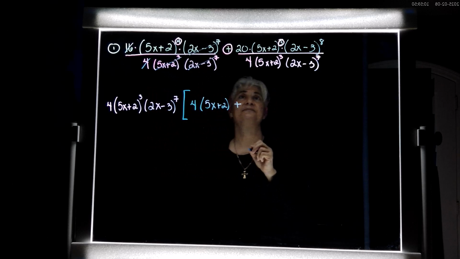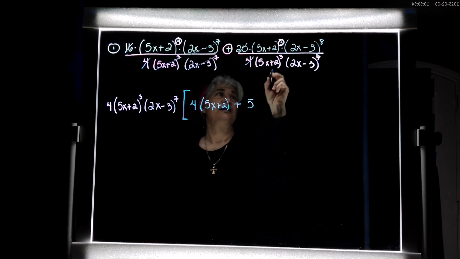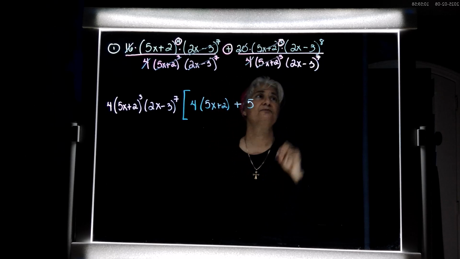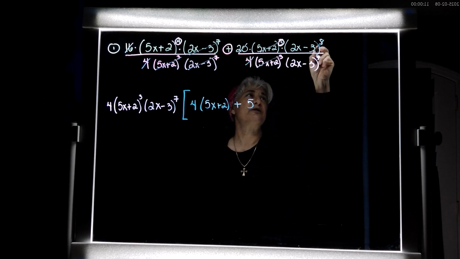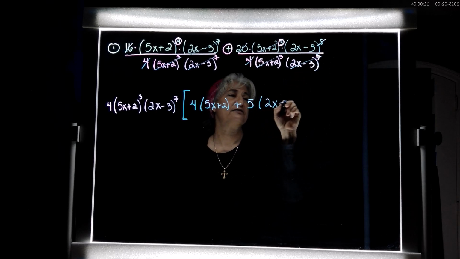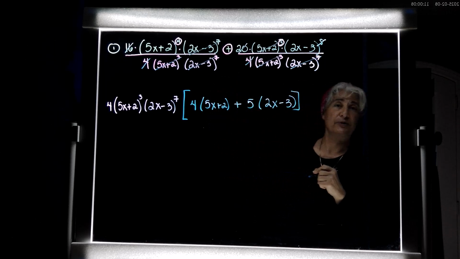Plus 4 into 20, yeah, that's 5. 5x plus 2, there was 3, they all go away. There's 7 of them that we're dividing out, so that leaves me only 1 of them left. Well, that bracket isn't too bad, is it?